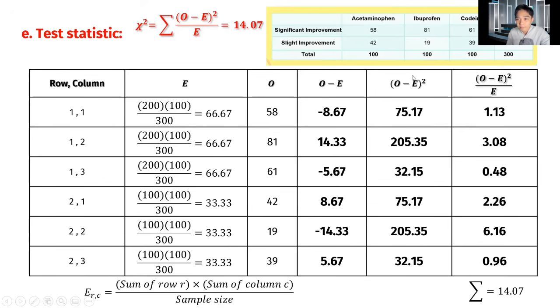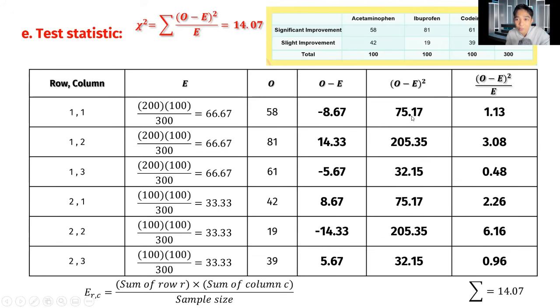Then, we square. So, negative 8.67 squared, that is 75.17. Or simply, negative 8.67 times negative 8.67, if you're using a cellphone without a square function. So, 14.33 times 14.33. Then, negative 5.67 times negative 5.67. And just continue the process. Then we divide by our expected frequency.